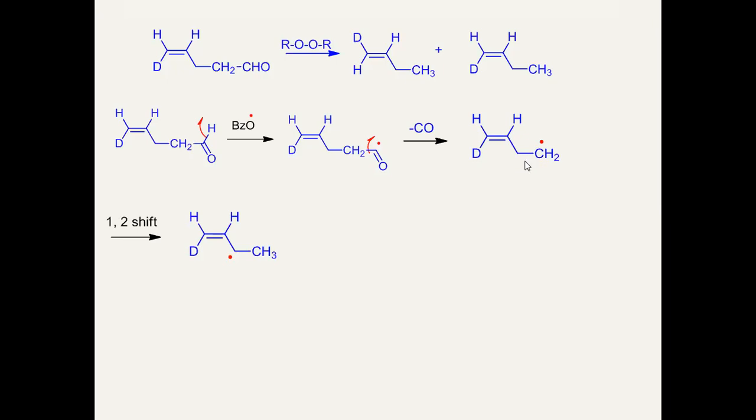A 1-2 shift means the hydrogen which is here undergoes homolysis and migrates here, generating a radical at this position. Then the hydrogen, or we can say solvent.